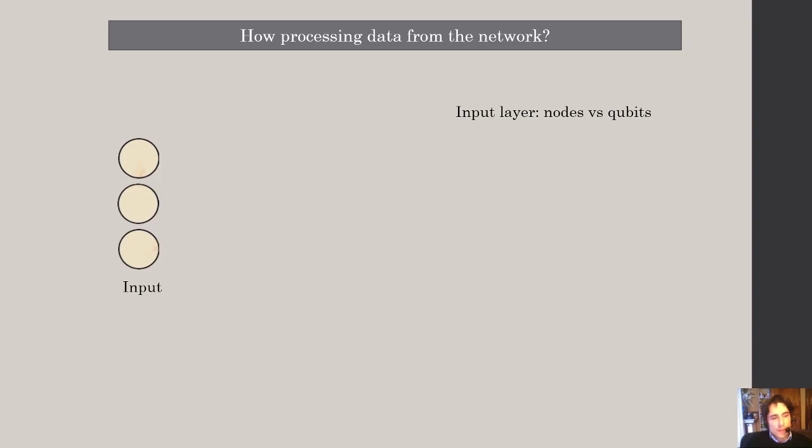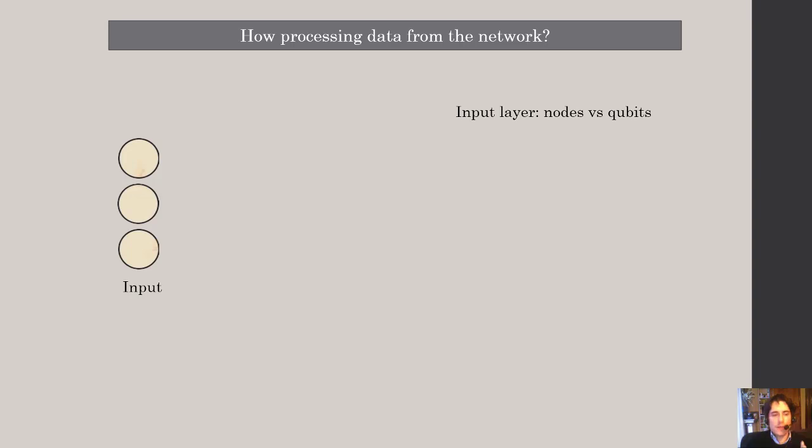Now that we see how the information can be represented and manipulated by a quantum computer, we're ready to answer the most important question, which is how to process data from the network.